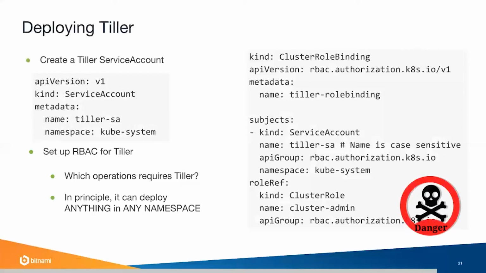It's not something that the Helm team is unaware of. They provide alternatives for that. In Helm version 3, they want to get rid of this Tiller server and do it in an alternative way, because of the concerns and the importance of RBAC.